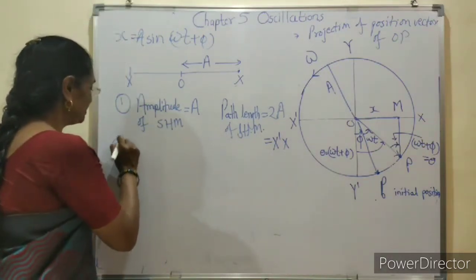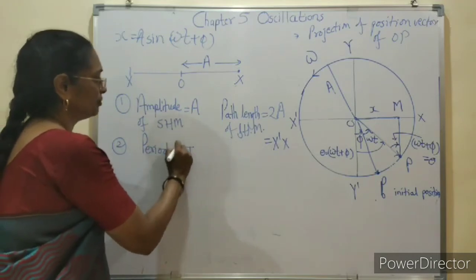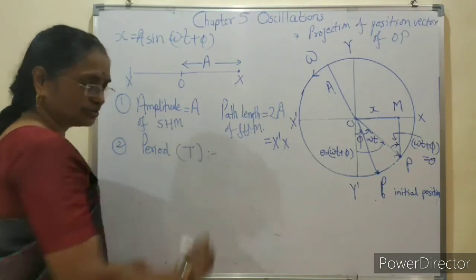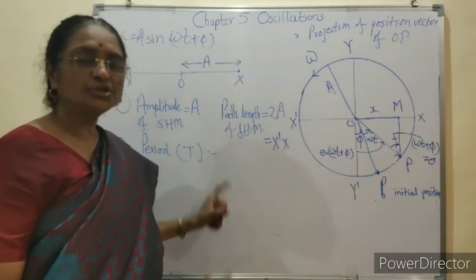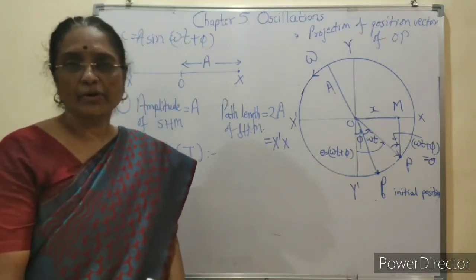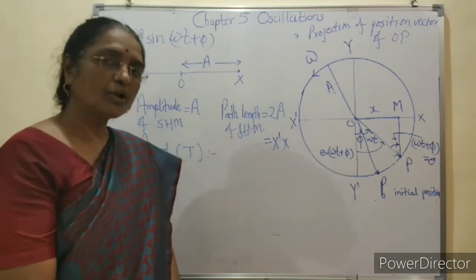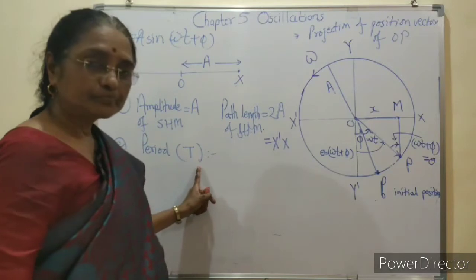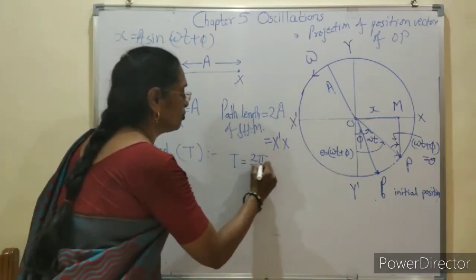Now the second definition is related to period. It is denoted by T. This definition also you are familiar with. It is the time required to complete one oscillation or one vibration of a particle. Then T can be expressed as twice pi upon omega.